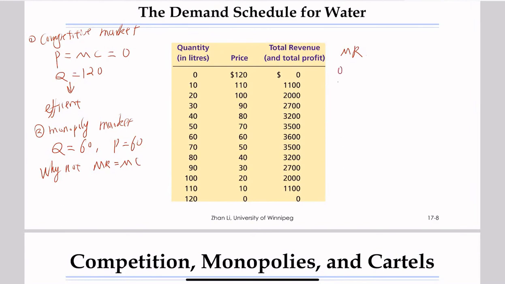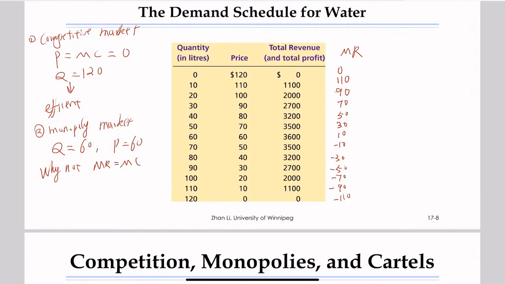And in this case, you can see that it should be 110. So this is 90. No, it's not 900, it's 90. This should be 70, 50, 30, 10, minus 10, minus 30, minus 50, minus 70, minus 90, minus 110.